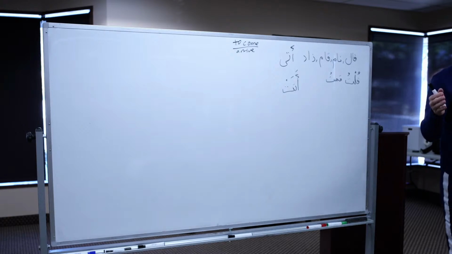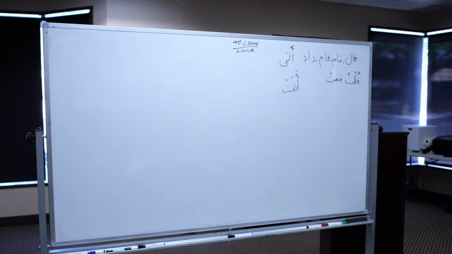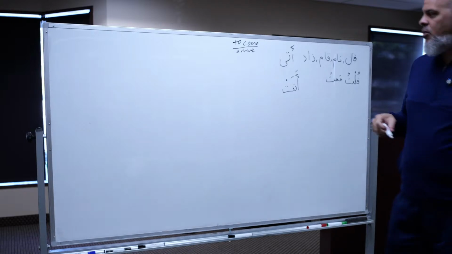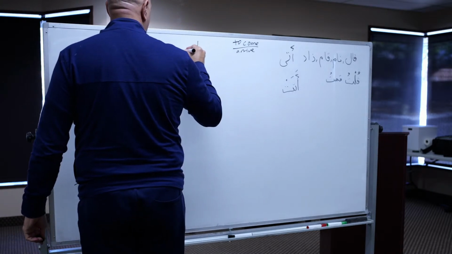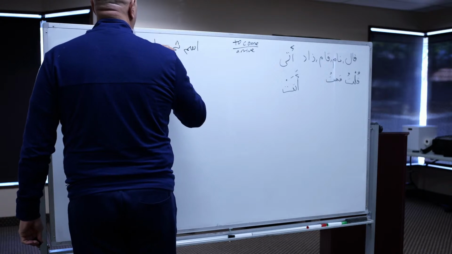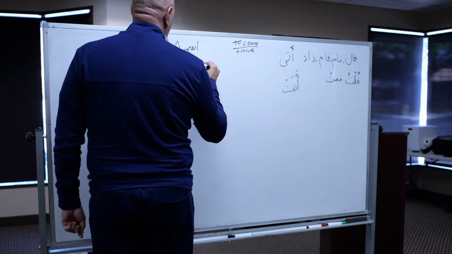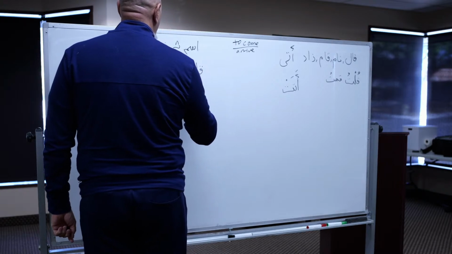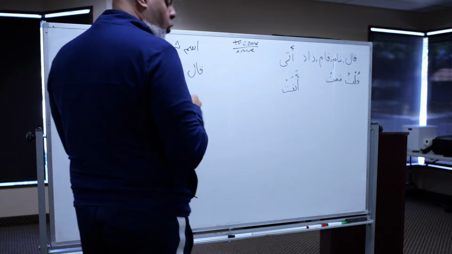Normally, we're used to an order of what? Ism and fi'l. Ism, thumma, fi'l. Like, qala Ishaq. This is the order we're used to.